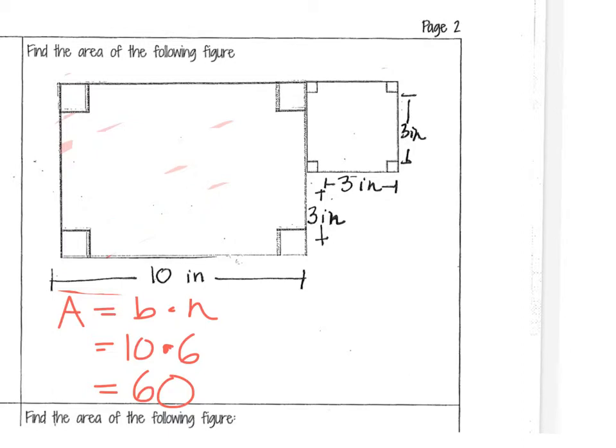Okay, so here I'm given that this is 3 inches tall. And I'm told that this is 3 inches, and since it's a square, I know that this part is also 3 inches. So if I want to do the whole thing, I'm going to add 3 plus 3 and get 6 inches.